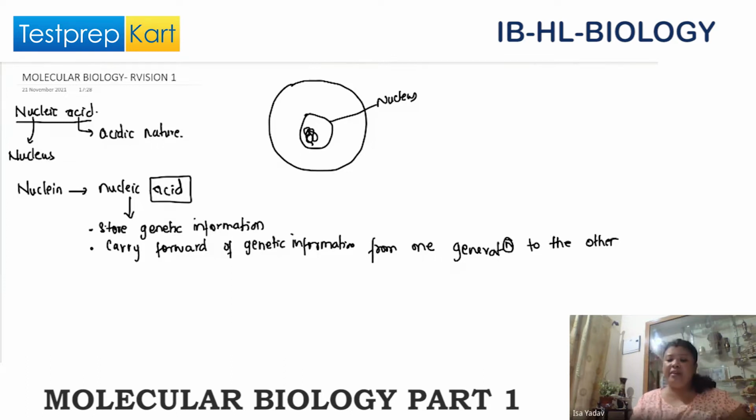So everything which is there in us, or everything which happens in us, every piece of information is stored in our genetic material. For example, people found fossils of dinosaurs. Initially we just had the fossil, not even a skeleton.